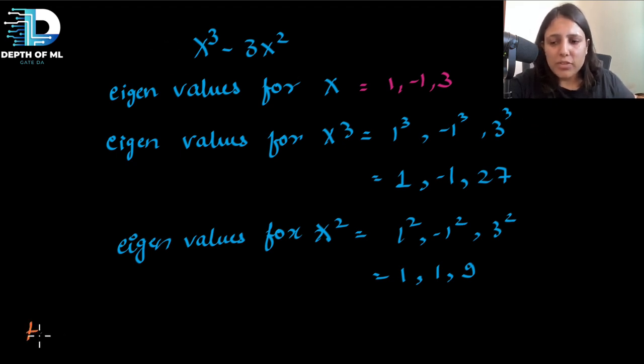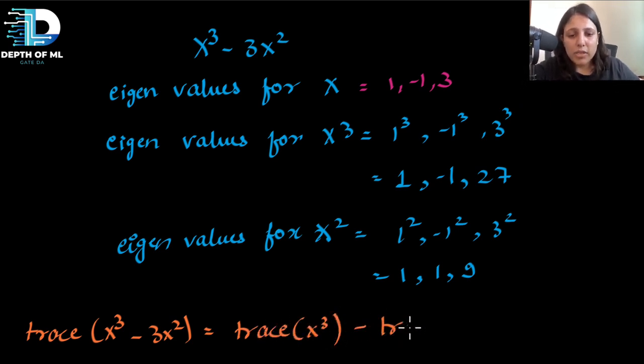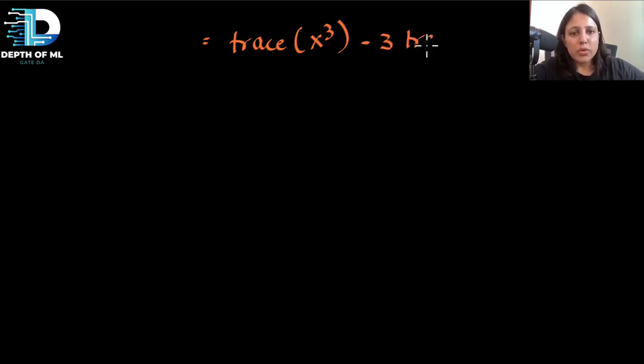Okay, now this is simple. I have to calculate the trace of x cube minus 3x square, which will be equal to trace of x cube minus trace of 3x square, correct? Which will be trace of x cube, and because trace is the sum of eigenvalues, I can take the 3 out and write trace of x square, right? So what is the trace of x cube?